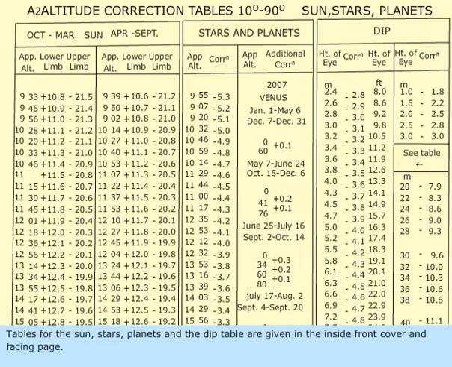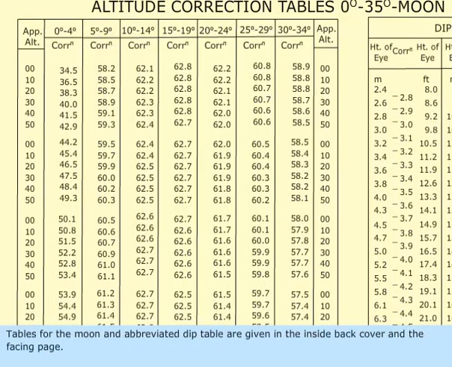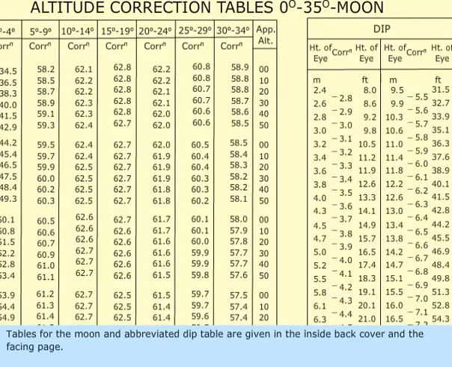Tables for the Sun, stars, planets, and the dip table are given in the inside front cover and facing page. Additional corrections for non-standard temperature and pressure are on the following page. Tables for the Moon and an abbreviated dip table are given in the inside back cover and the facing page.